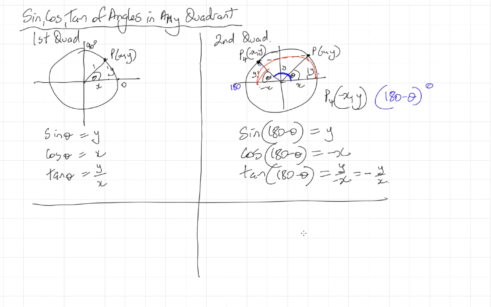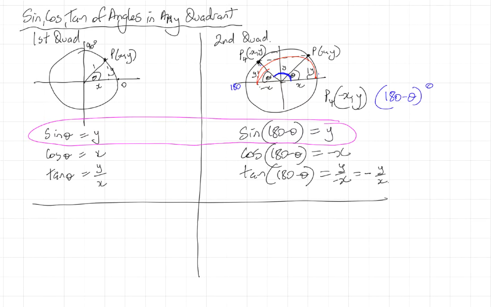Alright, so what we're trying to do is to see if we can relate 180 minus theta to just theta. So looking at what we've got here, we can see that these two are exactly the same. Sine of theta is y, and the sine of 180 minus theta is y. Now that's pretty powerful. If you want sine of 180 minus theta, it's going to be exactly the same as sine of theta.